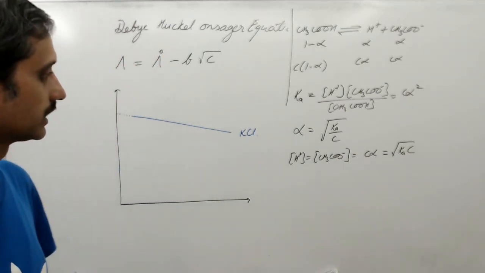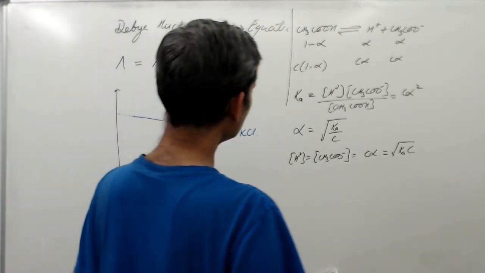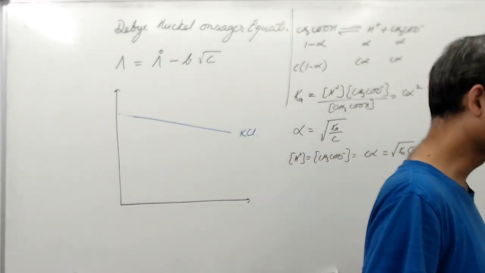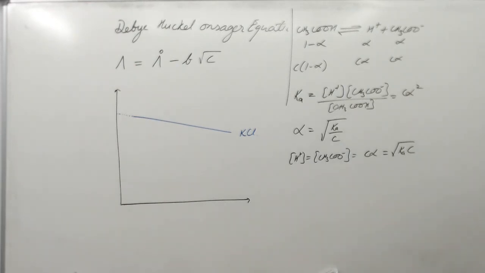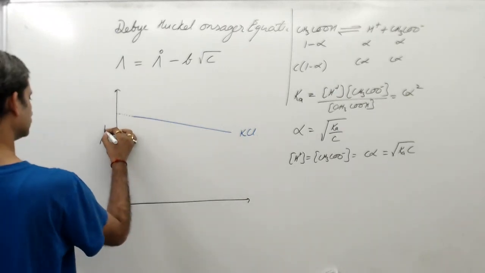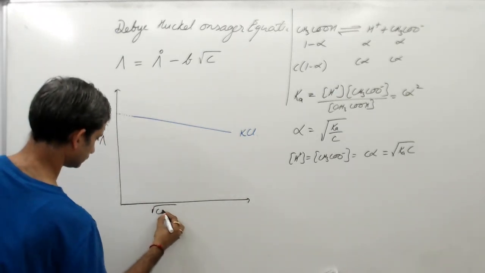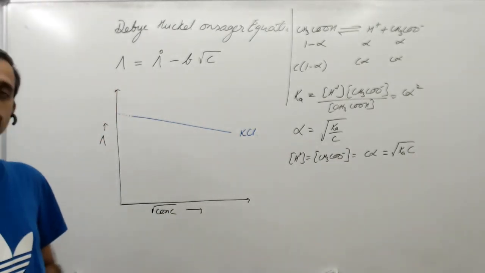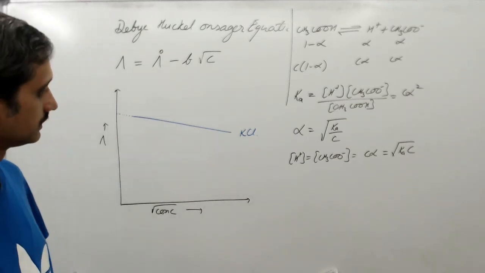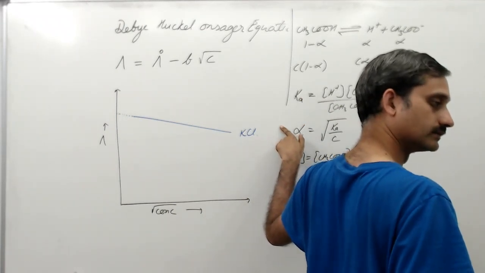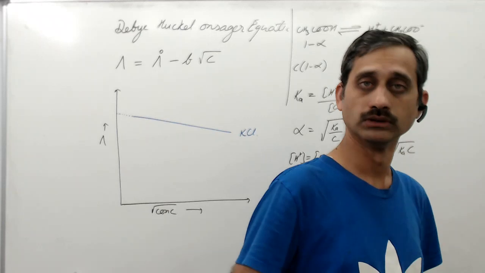No, sir. Okay. Now, what you can see is that alpha is inversely proportional to under root of C. Yes, sir. Okay? And molar conductance depends on alpha, because alpha is the number of ions per unit mole.